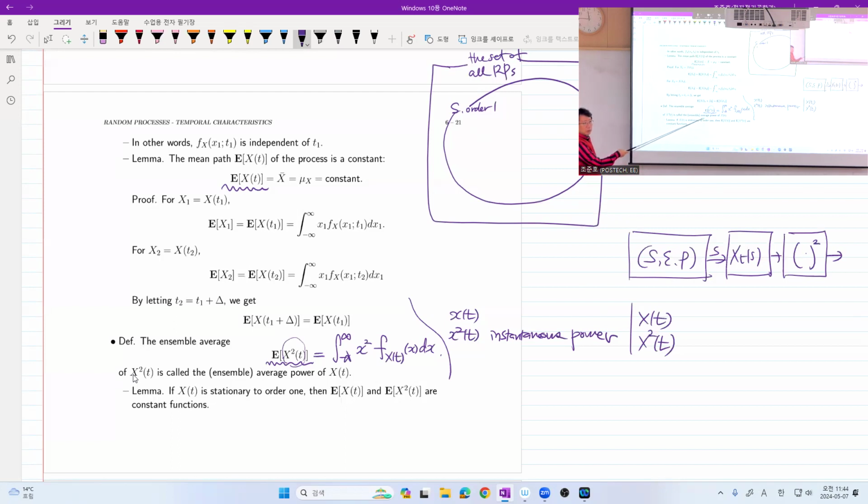Got it? When we had a deterministic signal, average power was defined as what? Actually, it was defined in a strange way like this. This is called the average power. So be careful.